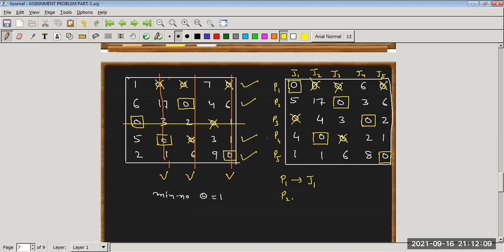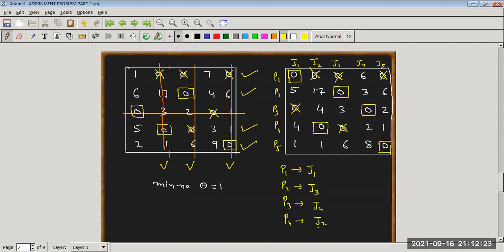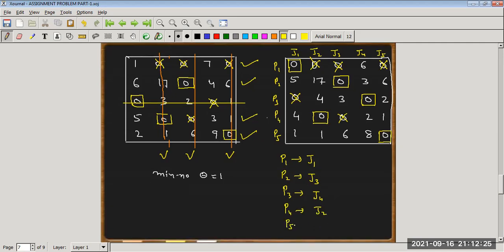P2 person gets J3 job. P3 person gets J4 job. P4 person gets J2 job, and P5, fifth person, gets J5 job.